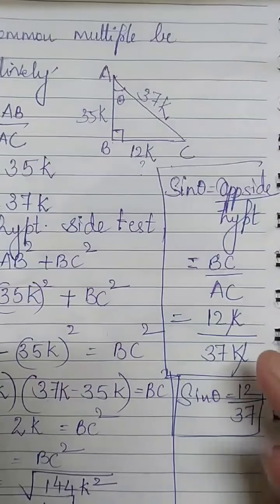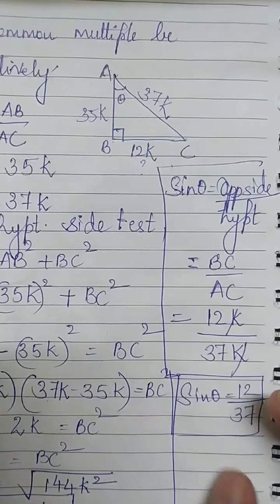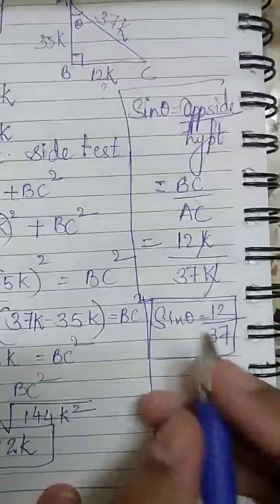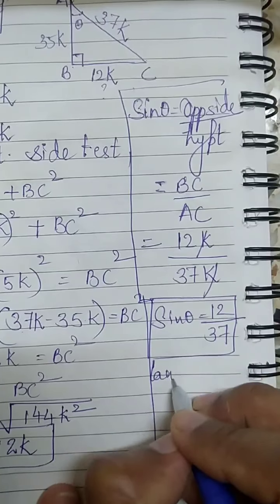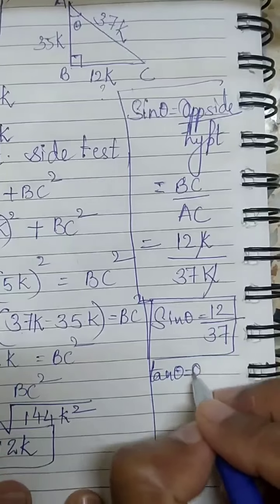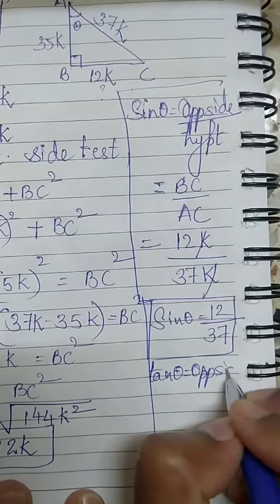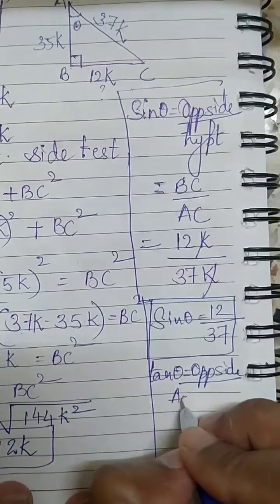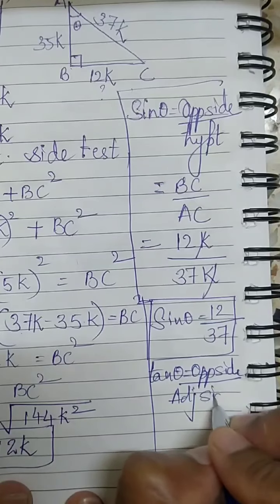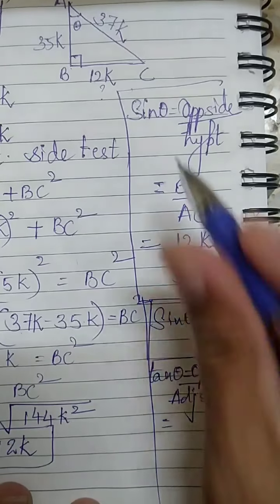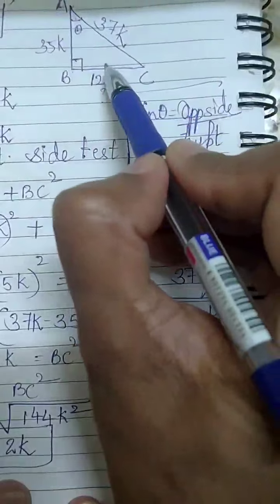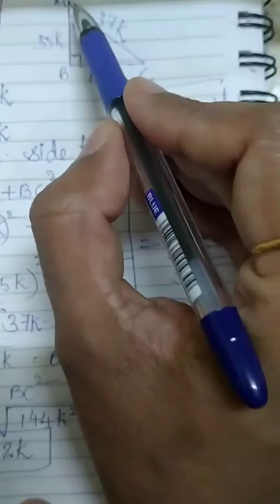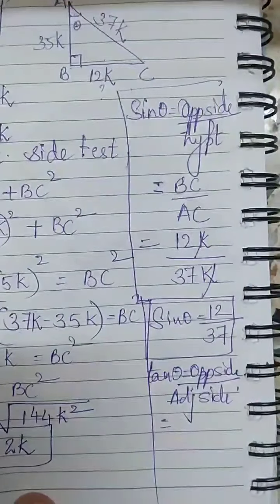Okay. Sin theta we got. Third ratio asked is tan theta. Similarly, use the formula. Tan theta's formula is opposite side upon adjacent side. For theta, the opposite side is BC and the adjacent side is AB.